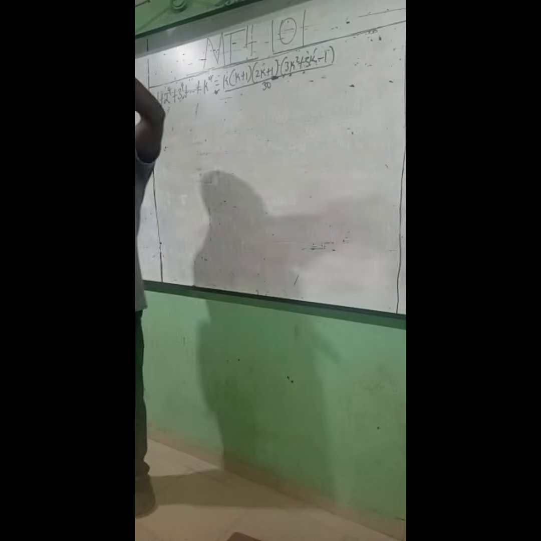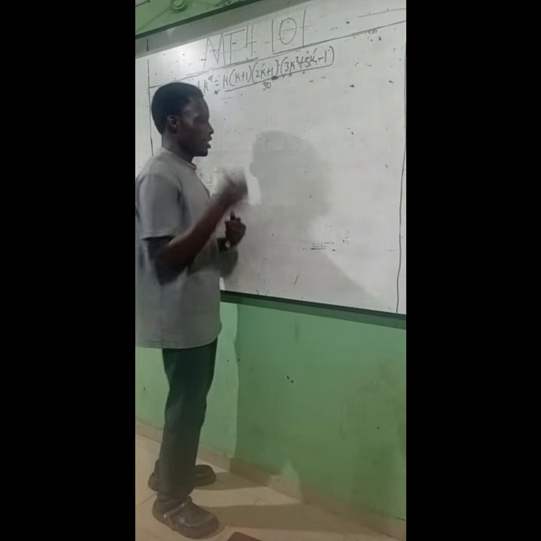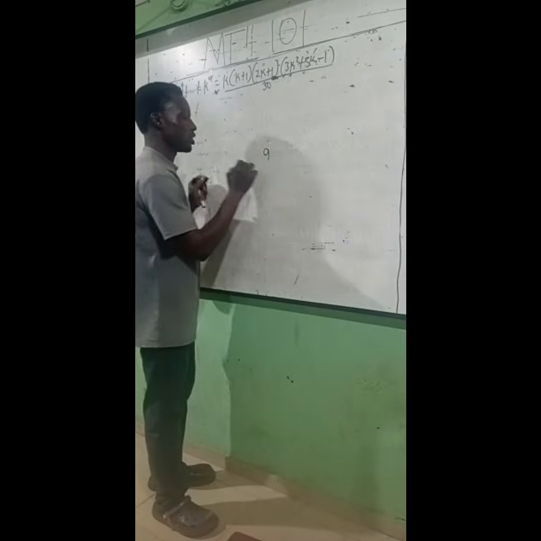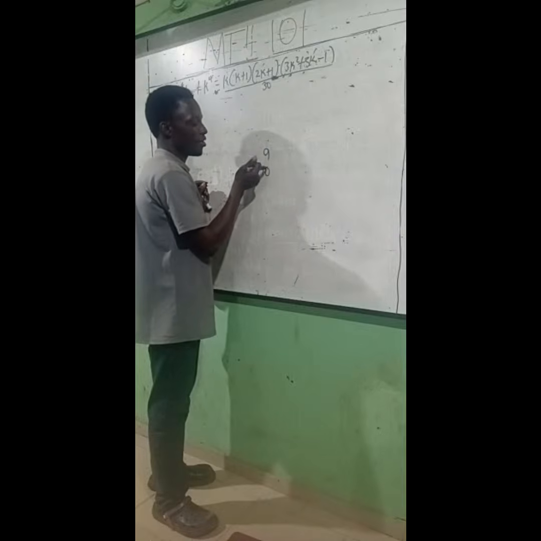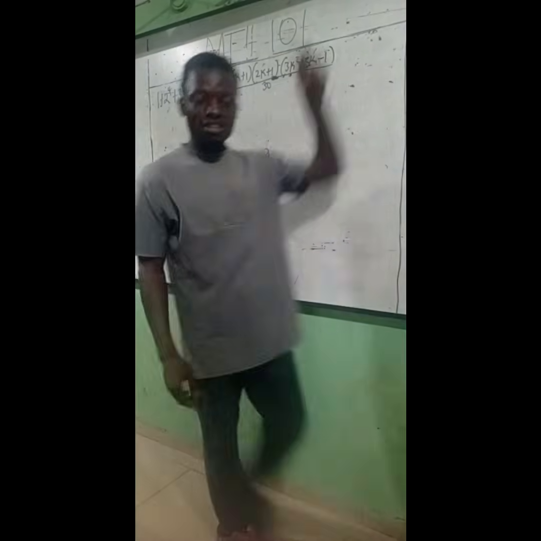Now we concluded earlier that if true for n equals to k, then show that it's true for n is k plus 1. Now, assuming k is 9, k plus 1 will be what? 10, right? Then summation of the first 10 terms is going to be what? Summation of the first 9 terms plus the 10th term, isn't it?